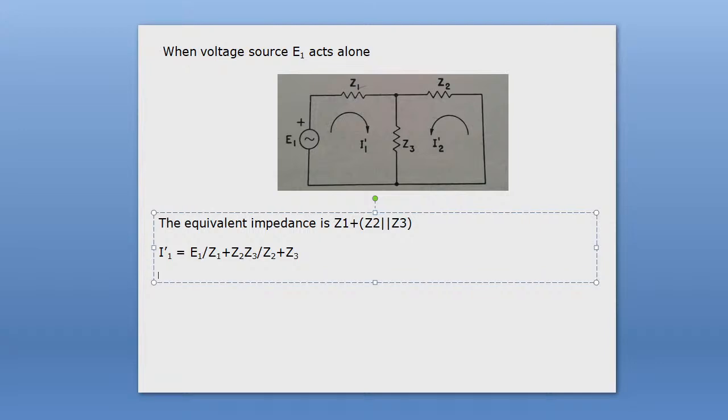So I2 dash we can write, equal to how much? Tell me, anyone. You see I2 dash is associated with mesh 2.